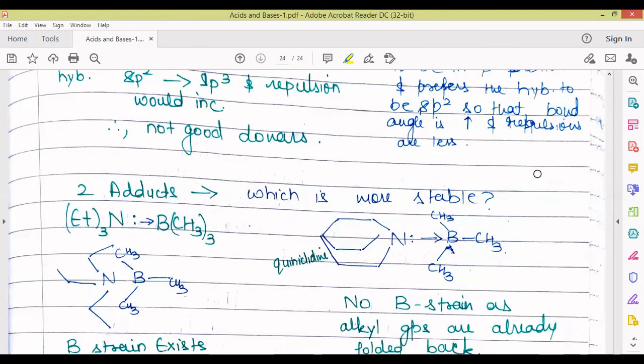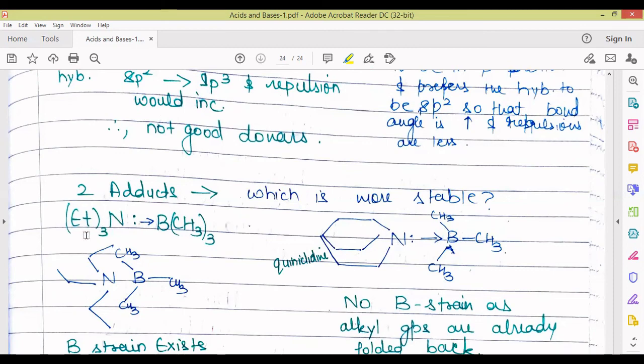What do you think, out of these two, which one is going to have more B strain? Here all the groups are folded back. That means there is no B strain because these groups are already folded back, and the angle is going to become tetrahedral easily. The hybridization is going to change easily.